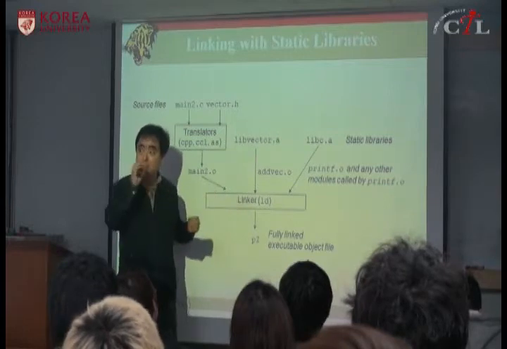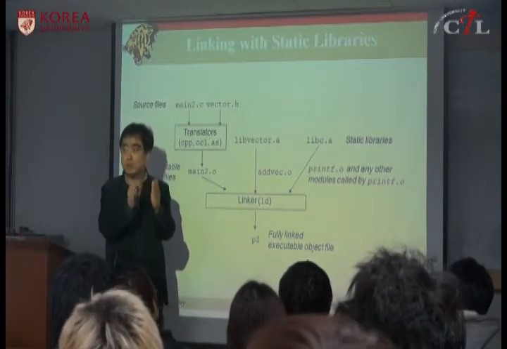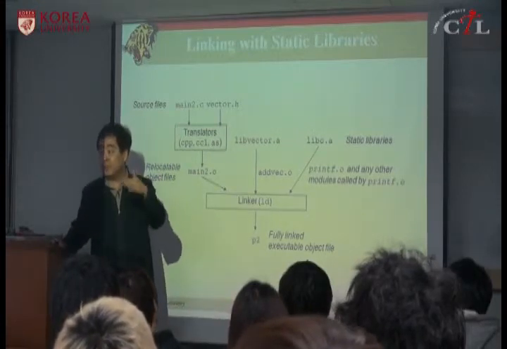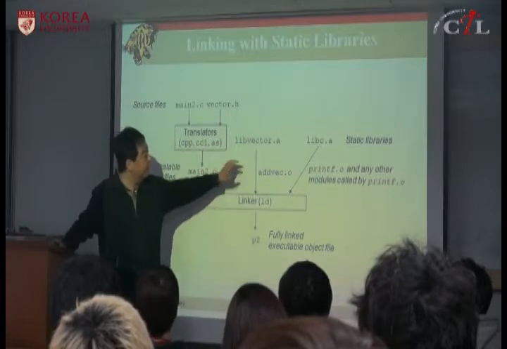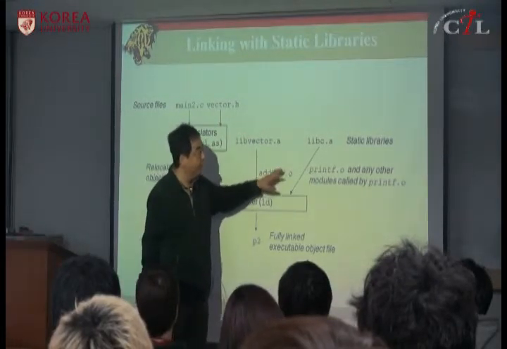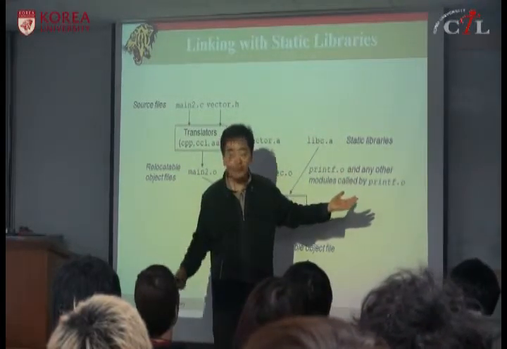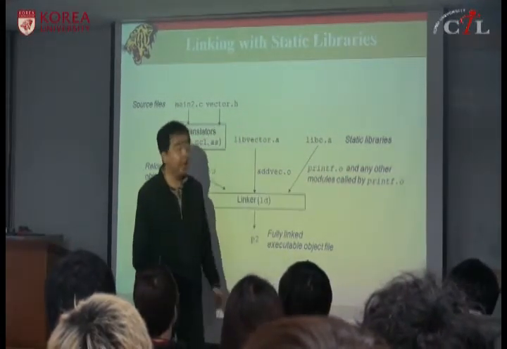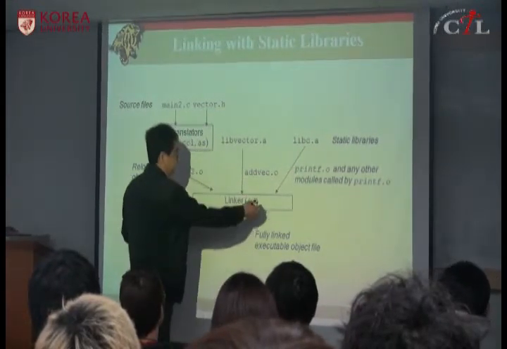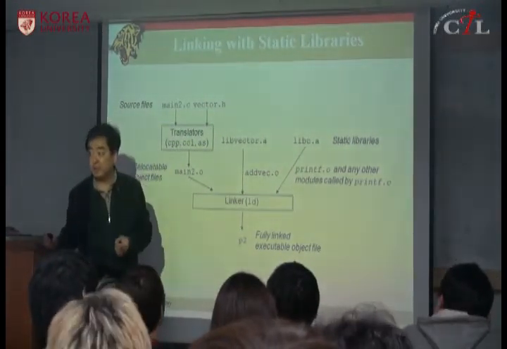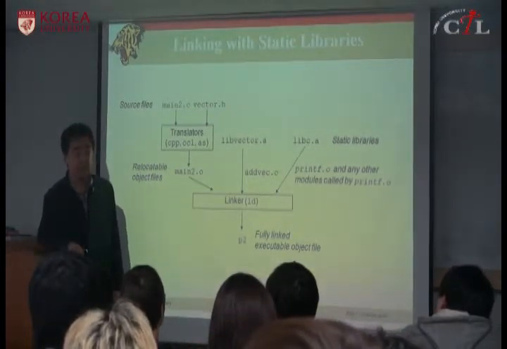You extract only the executable object file that actually has the functions that are referenced by your program, instead of the entire library. So extract addvector.o. Library libc.a could have lots of object files, but since you use only printf, you extract only printf.o from the library, and then merge them together and create a single, fully linked executable object file. Okay?